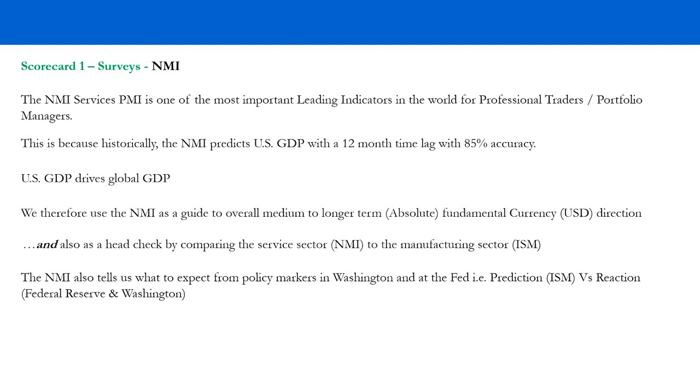So when you think back to our overall idea generation process, this is how it all works. Basically, what we're trying to do here is start to look at drivers in an endogenous manner, drivers that tell us what will likely occur in the future. And here we're looking at our first set, which is surveys.